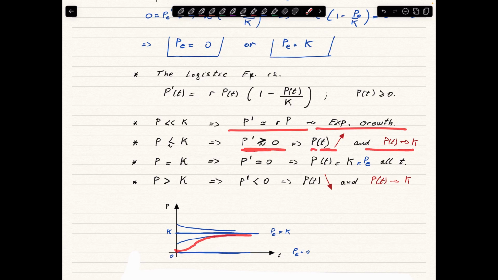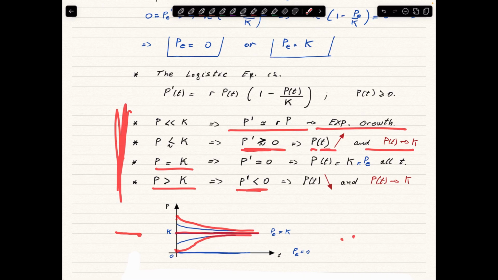When the initial population is k, we have the equilibrium solution, and when we have population bigger than k, then the derivative is negative, the solution is decreasing, and then approaches k from the other side. And this is a summary of this behavior.